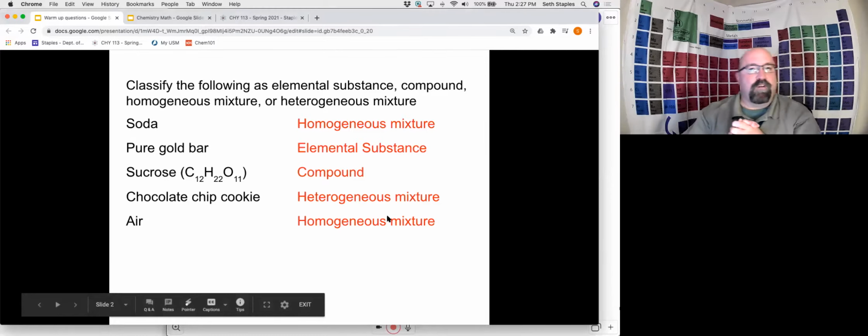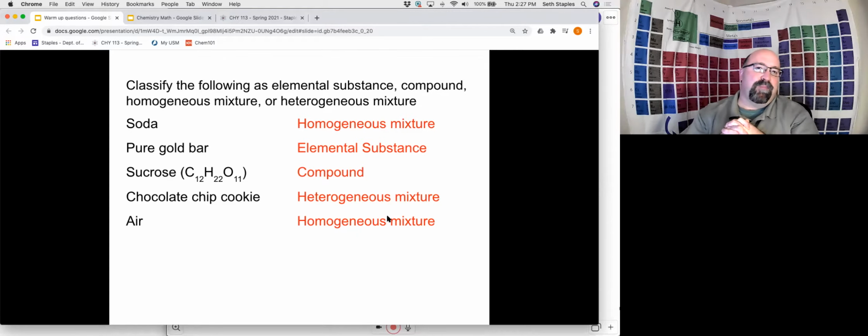Okay, and so the first one, soda, we would pretty much, by and large, consider that to be a homogeneous mixture. It is definitely a mixture. There's more than one compound in there, to be sure. And really, it's pretty much uniform. I would honestly accept an argument of heterogeneous mixture due to the carbonation if somebody defended it that way.